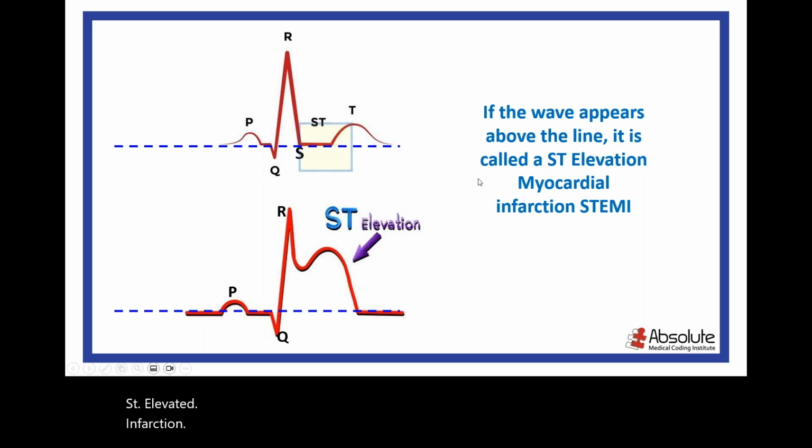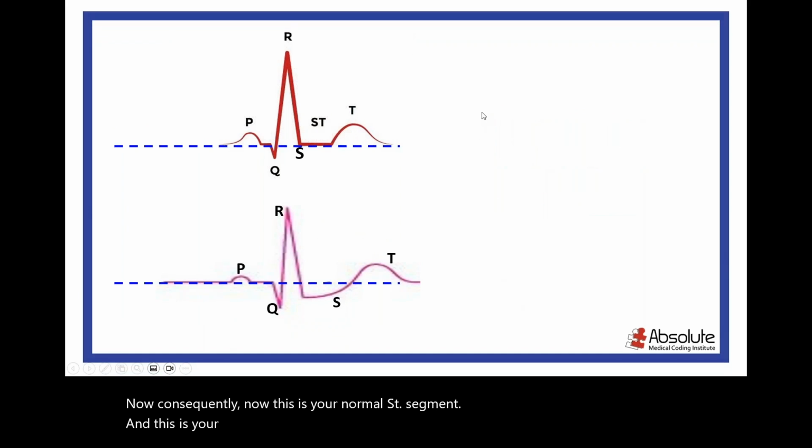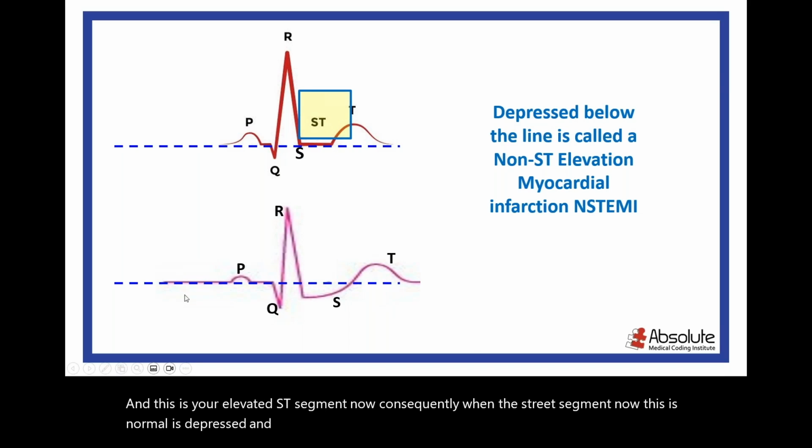Now, this is your normal ST segment, and this is your elevated ST segment. Now, consequently, when the ST segment, now this is normal, is depressed and underneath this isoelectric line, then that's an NSTEMI.